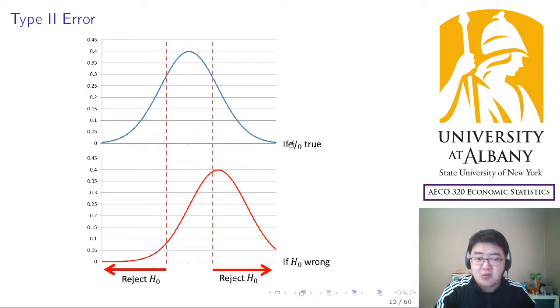So H0 is wrong, so your X bar will be distributed around this point, which is different from your belief. Still, there is some probability that the X bar is too close to the belief, even if the belief is not correct. That's the point.